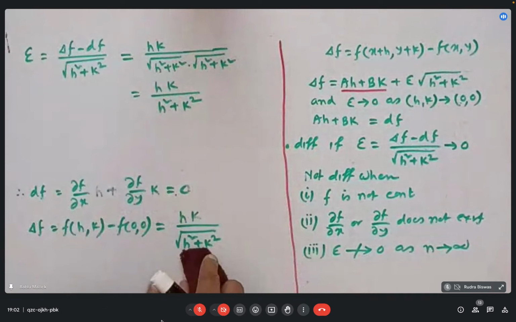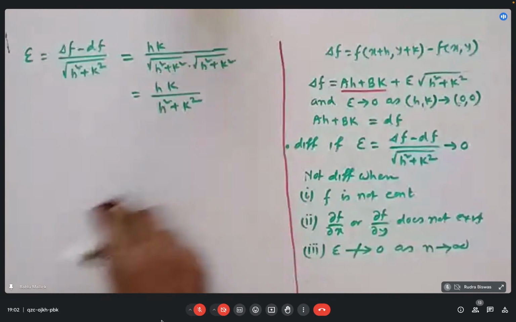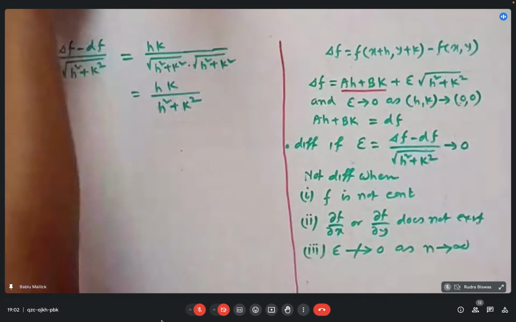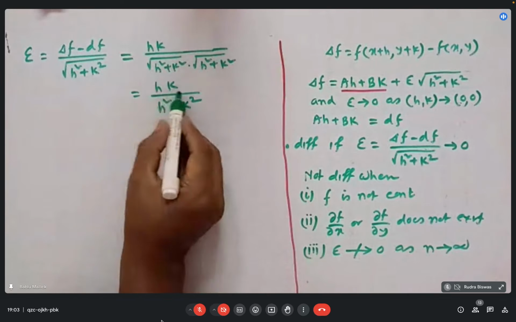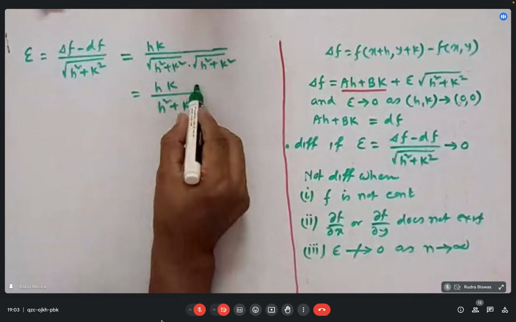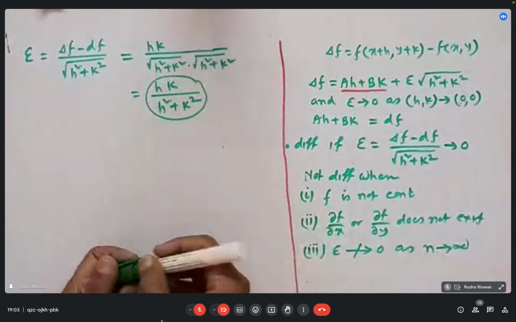Now if this epsilon tends to 0, then we shall say that it is differentiable. Check whether this limit exists or not. Clearly it is homogeneous.